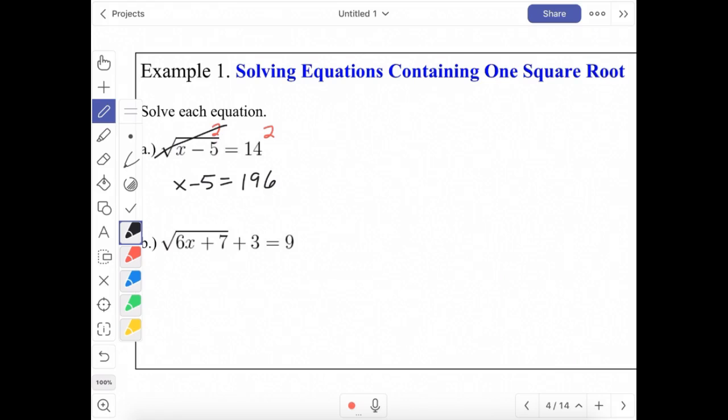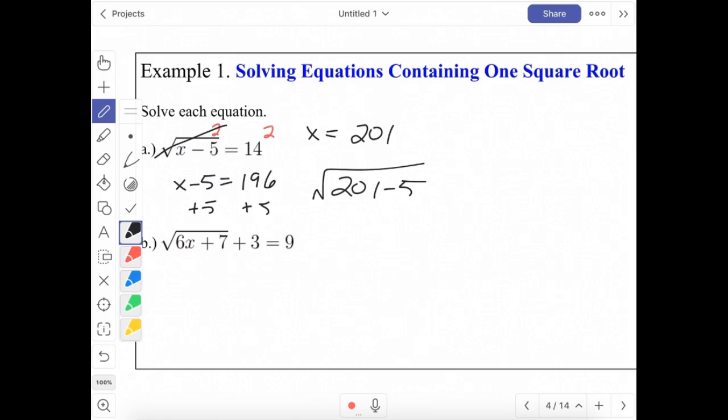And then add 5 to both sides. So we get 201. Check our solution. 201 minus 5, square root of that, is that equal to 14? Well, 201 minus 5 gives us 196. Square root of 196 would be 14, so that works out.